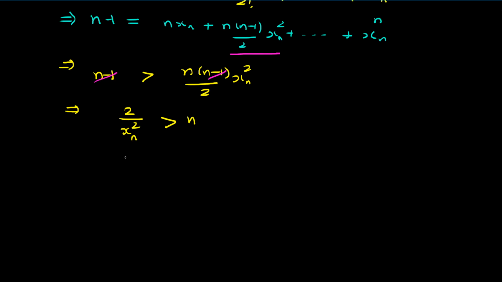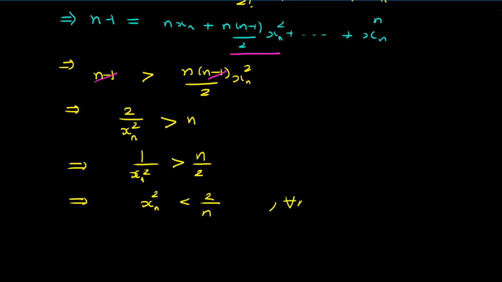So that gives us 1 upon xn square is greater than n by 2, or equivalently I can say if I take the reciprocal, I will get xn square is less than 2 upon n, taking reciprocal. If a is greater than b, 1 upon a is less than 1 upon b.